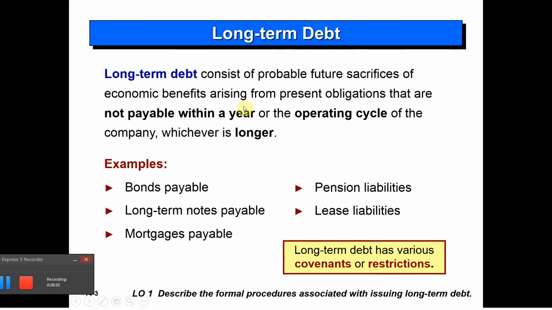So we have bonds payable and long-term notes payable. What are the differences between the two? Bonds payable are usually issued to the public, so the bondholders can be large in number. But for long-term notes payable, the debt holders usually are just a few.